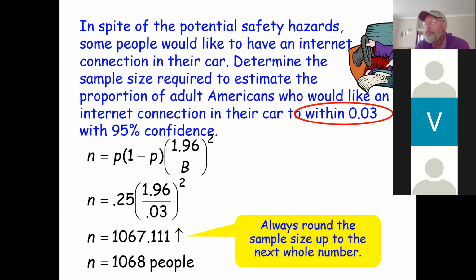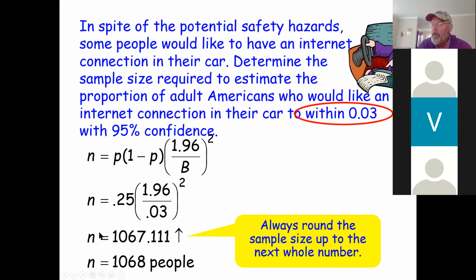All right, so if we do this, we multiply this here, 0.5 times 0.5 gives us 0.25. Here is the margin of error. And here is the Z-score for 95% confidence.